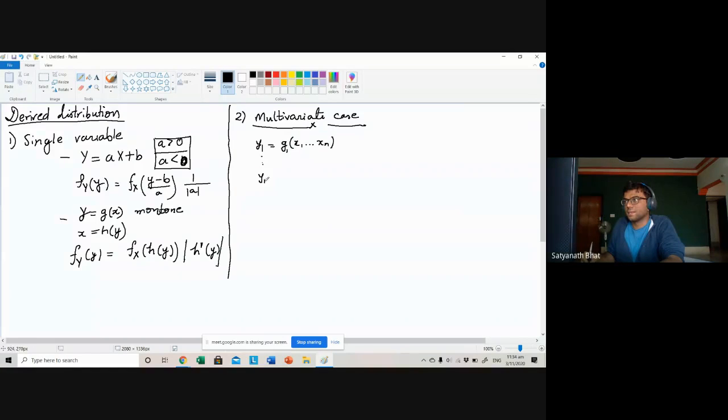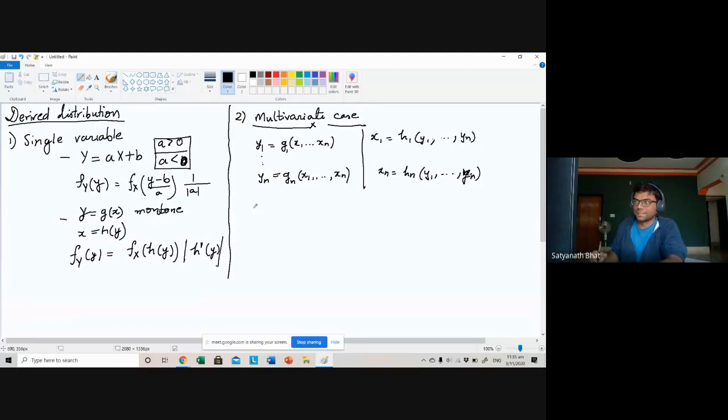Similarly, yn is equal to gn of x1 to xn. Then x1 is equal to h1 of y1 to yn, and xn is equal to hn of y1 to yn.